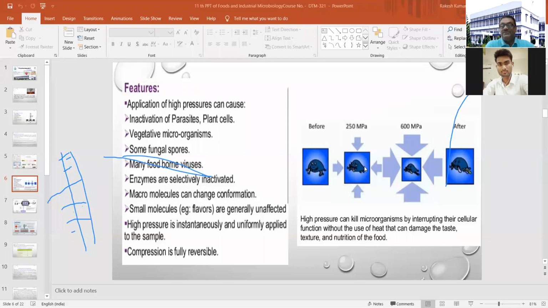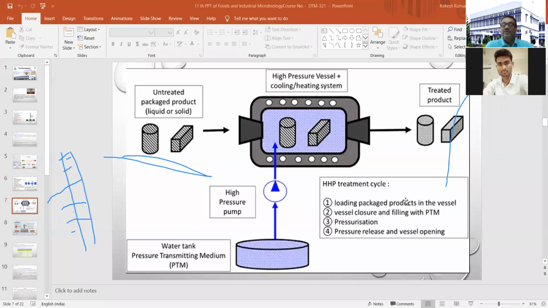When you are applying low pressure, what is the condition? And when you are applying high pressure, what is happening? This high pressure can kill microorganisms by interrupting their cellular function without the use of heat that can damage the taste, texture, and nutrition of that particular food.